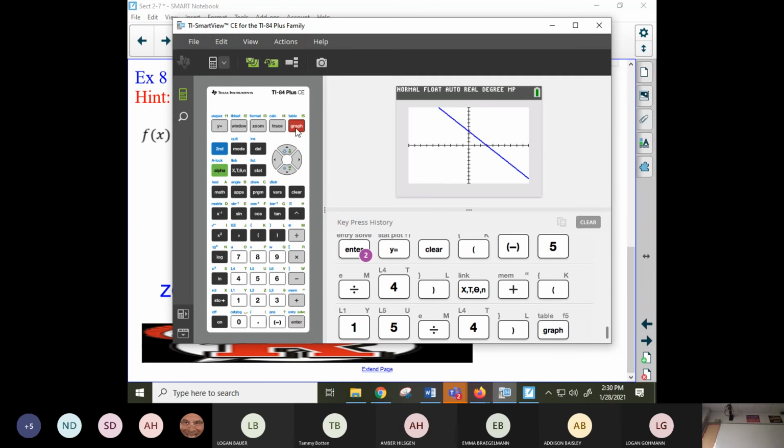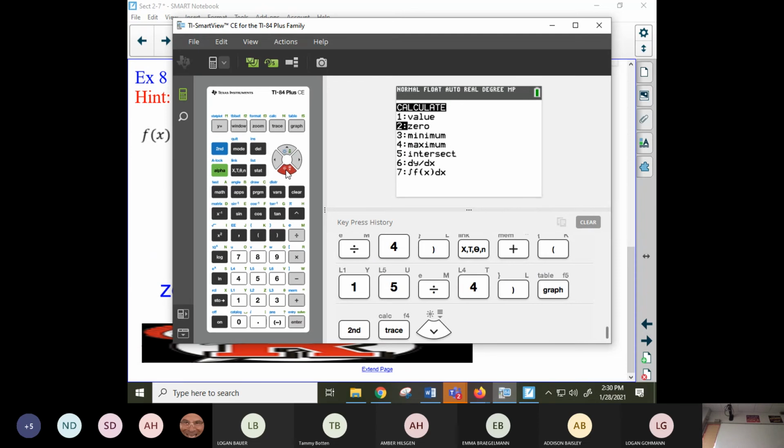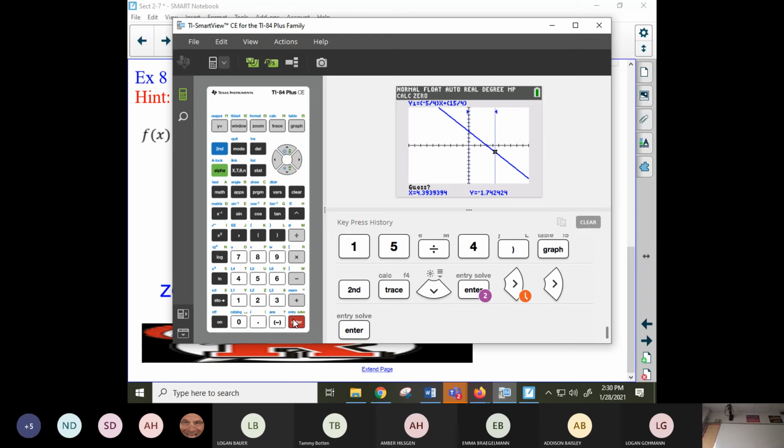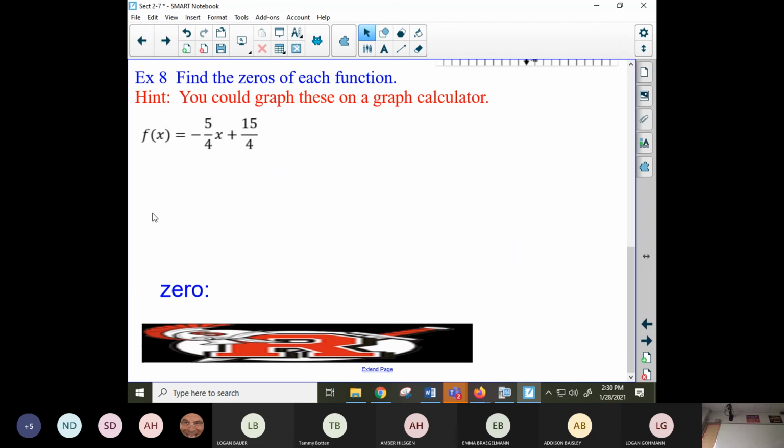You could hit graph to see where that would go through. Then go second trace down to number 2. Have your cursor to the left of where it crosses the x-axis. Move your cursor to the right of where it crosses. It asks you to guess, hit enter again. And did you all get 3? Yes. Everybody okay with that? So, whenever it's a fraction, you just put it in parentheses and do it as a division problem.